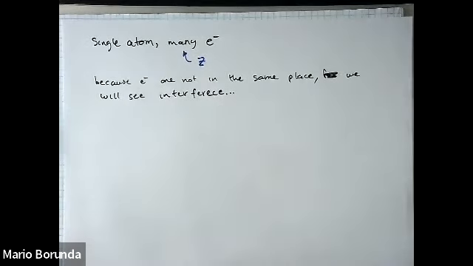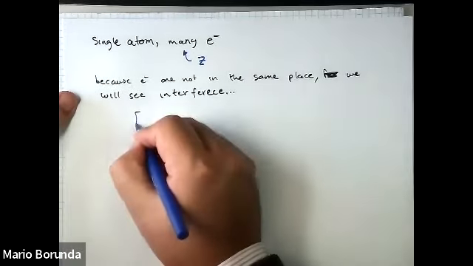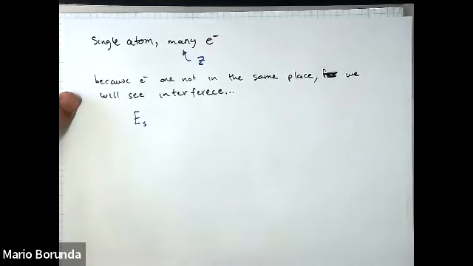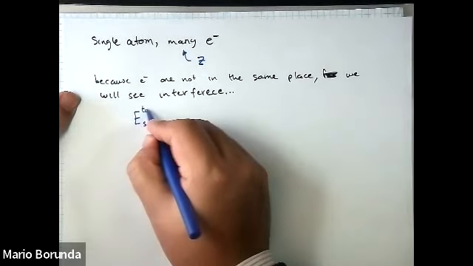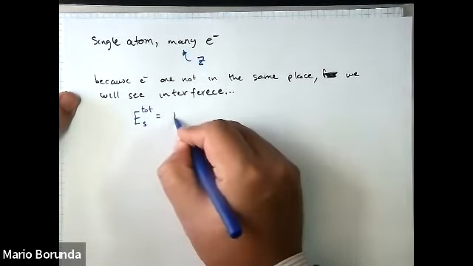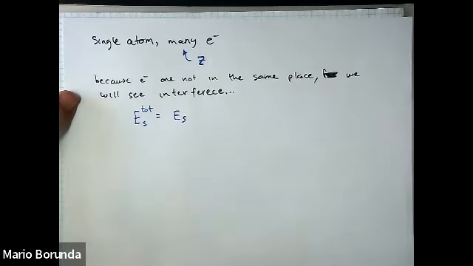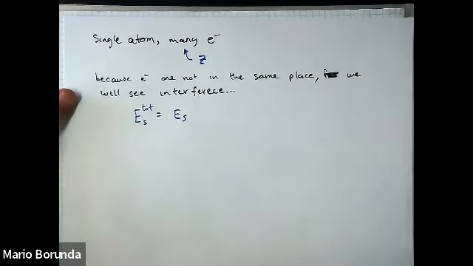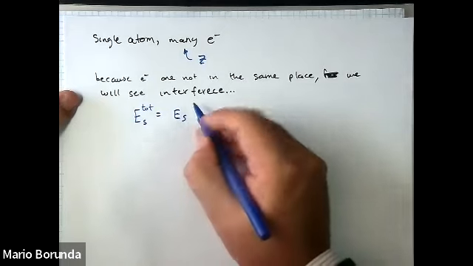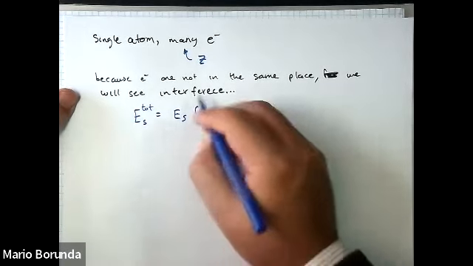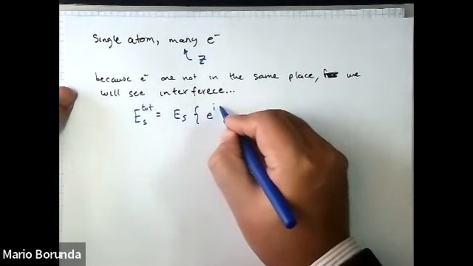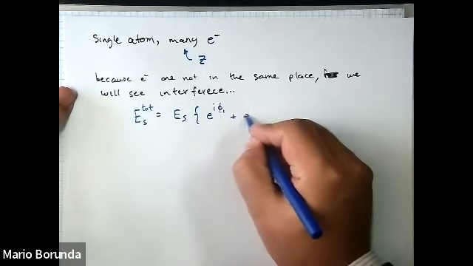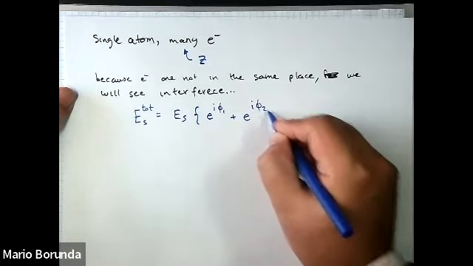So when we look at our detector, and it's just a single atom in this case, we're going to look at the total scattered electric field coming out, and it's going to be some value of this scattered cross-section for each of the electrons. But each of them has a different phase.